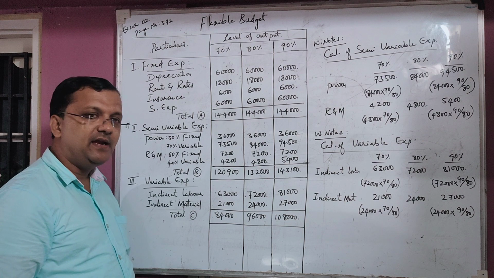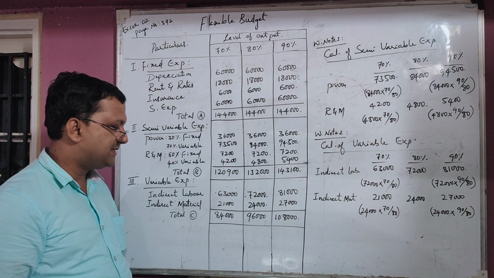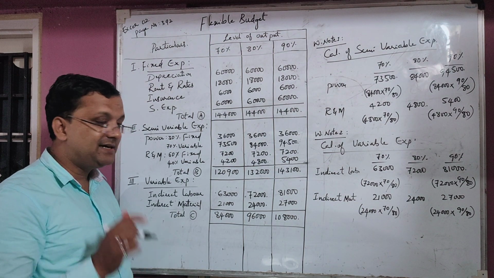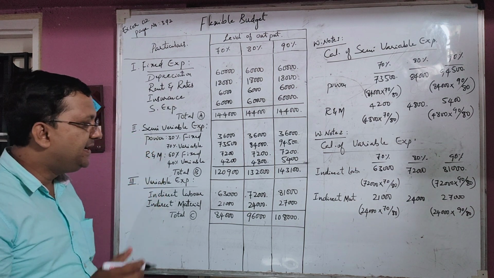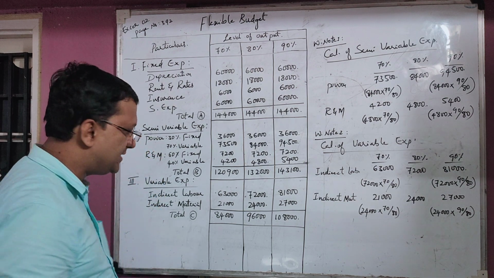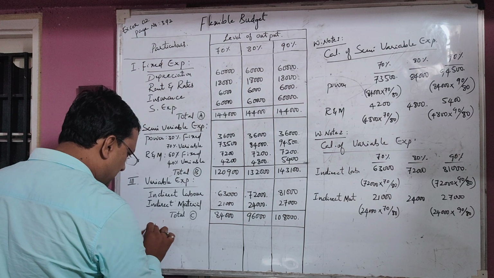Total of C, variable expenditure total, for 70% is 84,000. For 80% it is 96,000. For 90% it is 1,08,000.